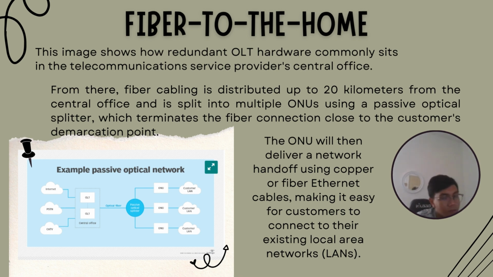This image shows how redundant optical line terminal hardware commonly sits in the telecom service provider's central office. From there, fiber cabling is distributed up to 20 kilometers from the central office and is split into multiple ONUs using a passive optical splitter, which terminates the fiber connection close to the customer demarcation point.